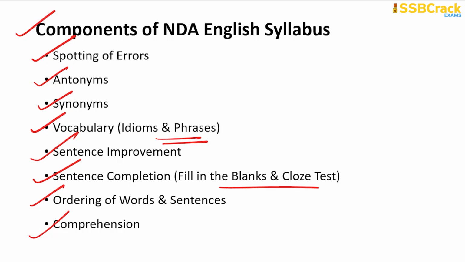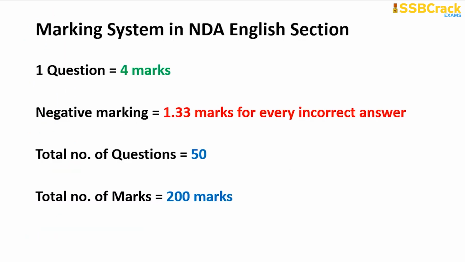Now we will quickly look into the marking system in the NDA English section, so you'll have an idea of how you need to answer the questions. For every correct answer, you will score 4 marks, and for every incorrect answer, 1.33 marks will be deducted.